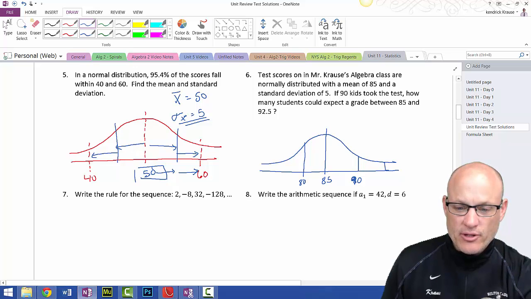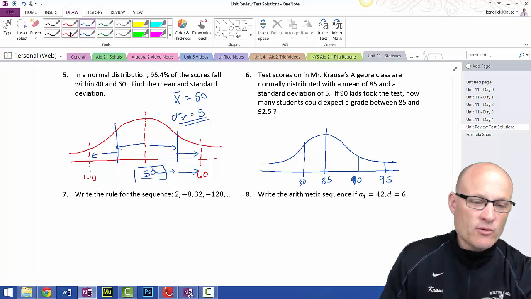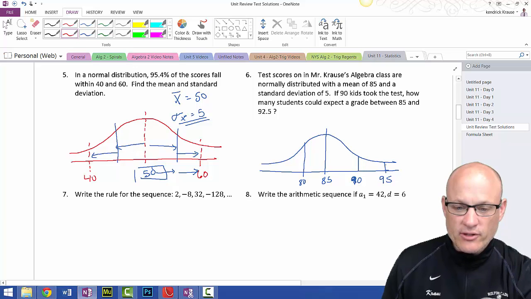Well, if I keep going up another standard deviation, this would be 95, right? Yeah. So I didn't want to go up 2. That would be 2 standard deviations. So I want right here. Isn't right here 92.5? Isn't that smack dab right in the middle here? So I want this area, and I want this area.